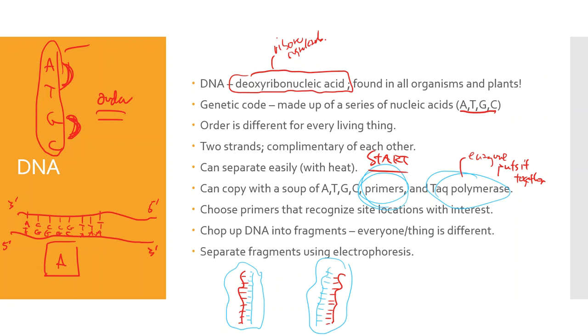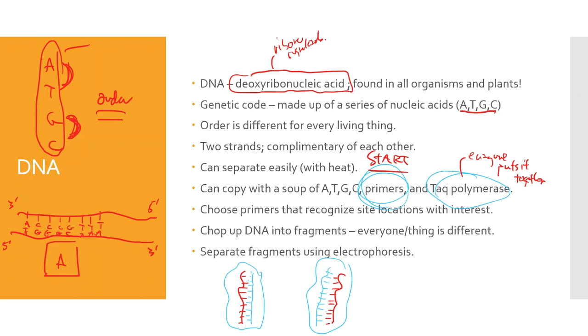So Taq polymerase will come in and it will ignore the 6 foot chain, and it looks for the primer and it says this is where they want me to be. So Taq polymerase sits down onto the chain and it begins to grab a hold of it, and then it begins to pull it through. And as it's pulling the chain through, it's pairing the base pairs up with it one after another after another.